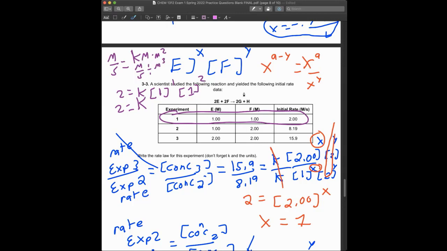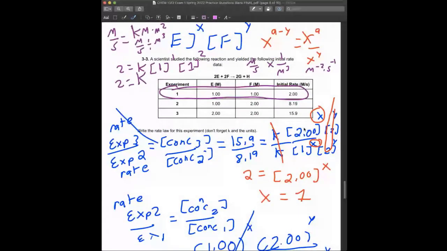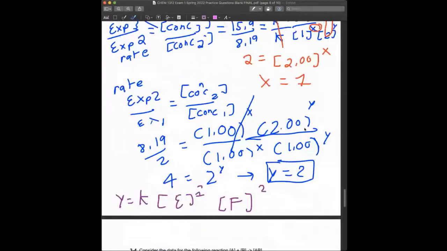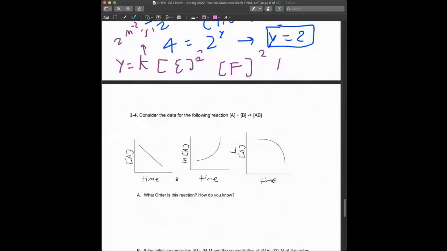We're going to get units of Ms times 1 over M3, M negative 2 times S negative 1. Okay, any questions? That's going to be your units. So summing everything up, K is 2 M negative 2 times S negative 1. Okay, cool.